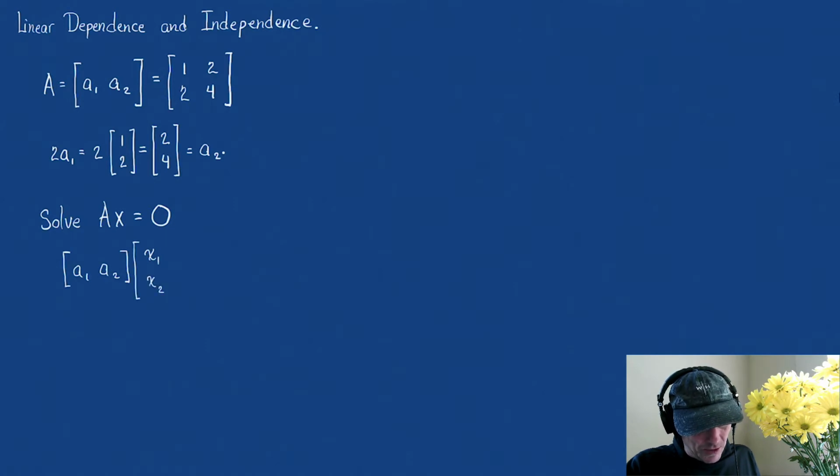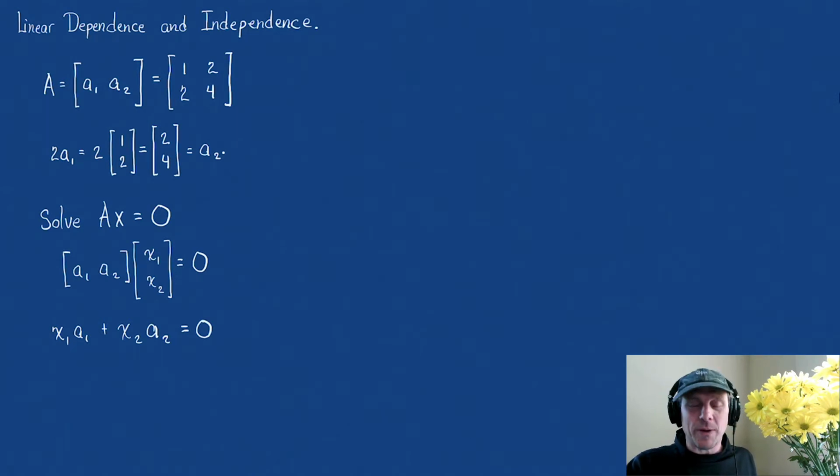And the matrix equation, conceptually, is about linear combination. So let's do that. This is the linear combination of x1 times a1 plus x2 times a2, and that equals 0. Well, notice, but what did we already say?